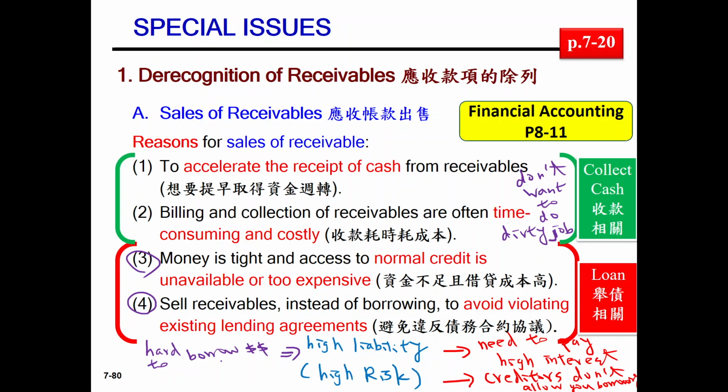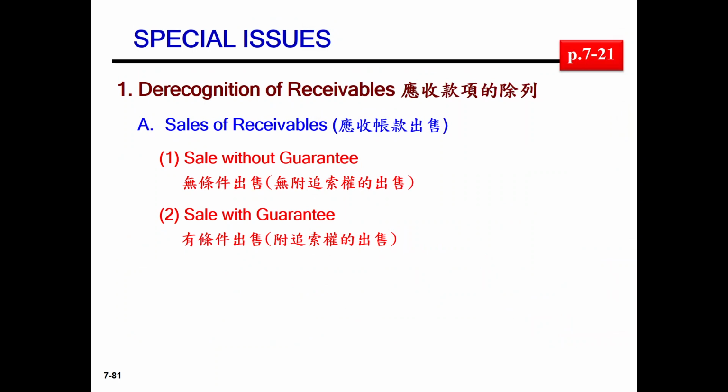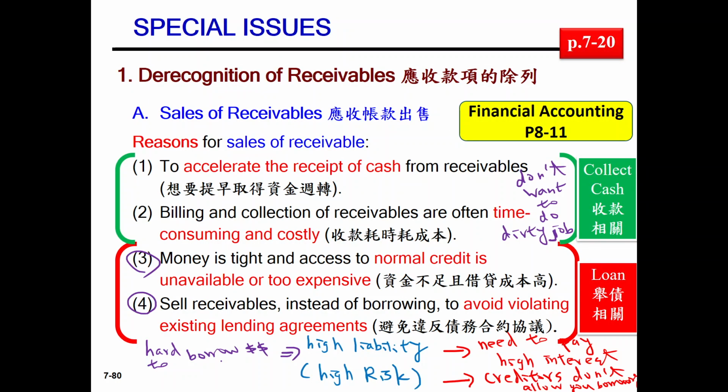Okay? So because of that, that's why right now we talk about how your company decides to sell its receivables, okay? Because they cannot borrow money from others or they don't want to do the dirty job.